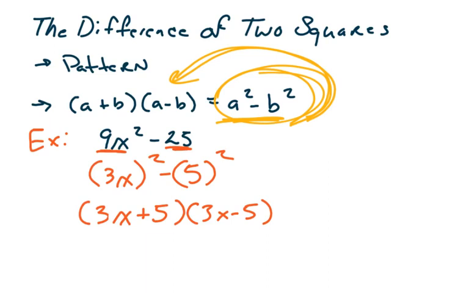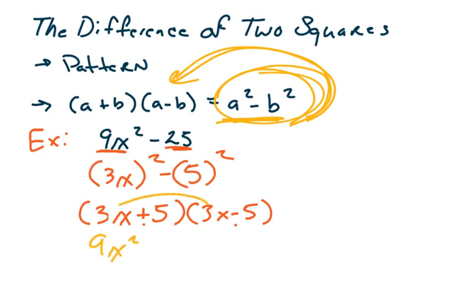I'll work this out so you understand why it works. Basically the plus and the minus make the middle term drop out. If we FOIL this back out, we get 3x times 3x, so that's 9x squared.